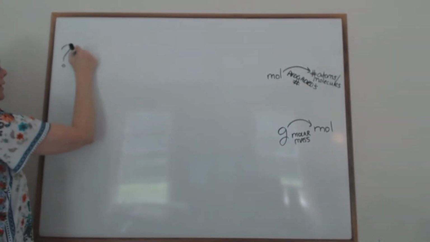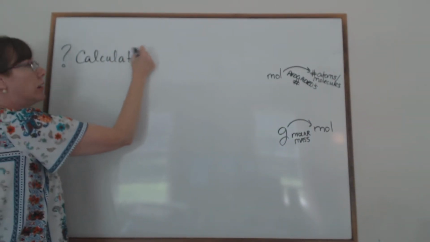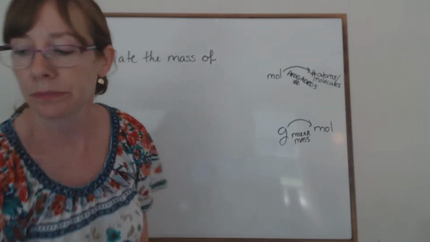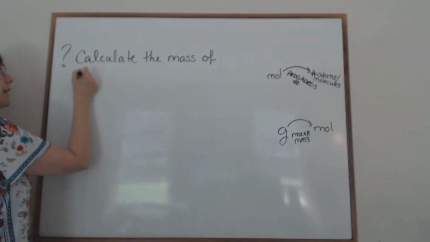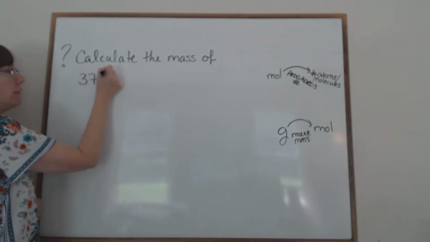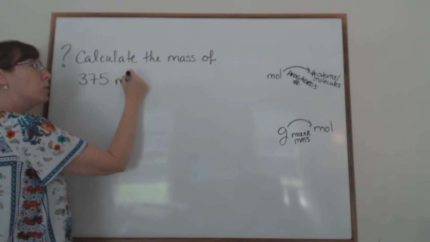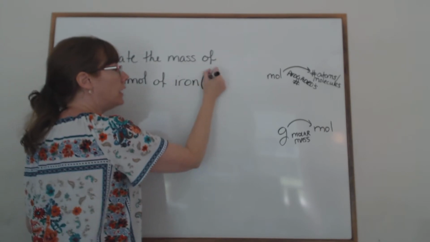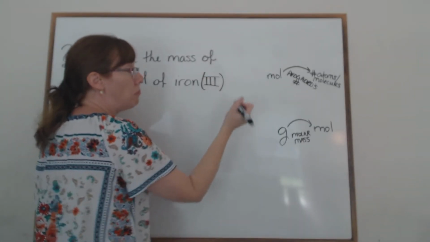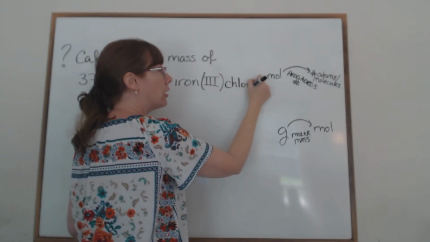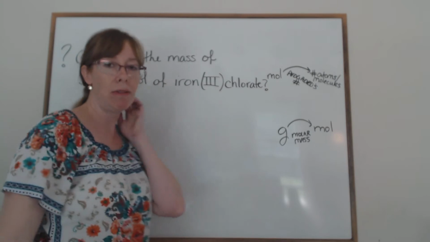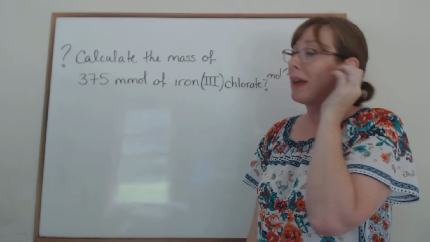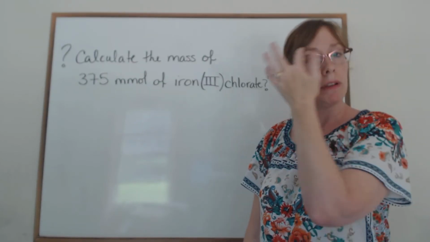So can you calculate the mass of, let's see, 375 millimoles of iron 3 chlorate? All right, so now we've got some layers of complexity here that we're going to have to deal with. But reasonable amount of complexity for chapter 3.